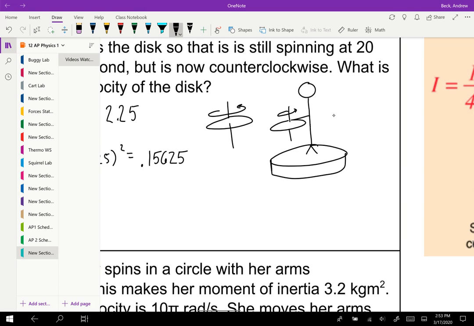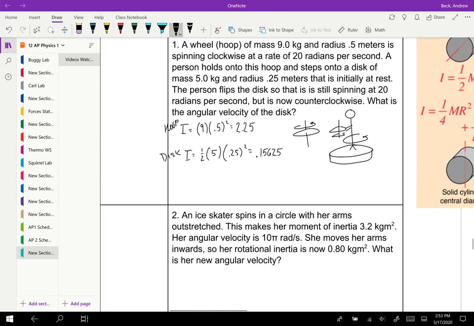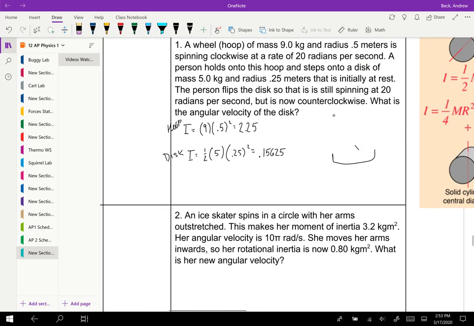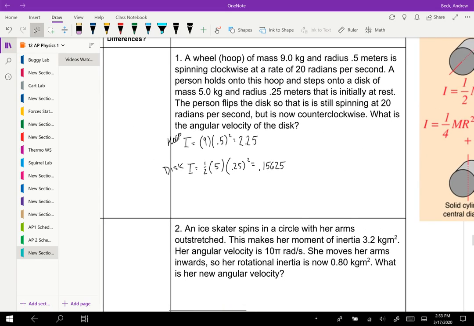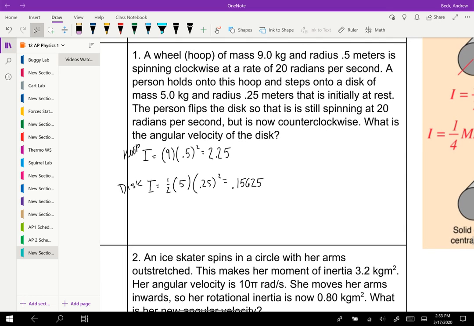In this act of flipping it, it switches the turning direction, and then everything begins to spin. So let's try it out. Let's do this question. Hopefully you're drawing some parallels already to that other question.